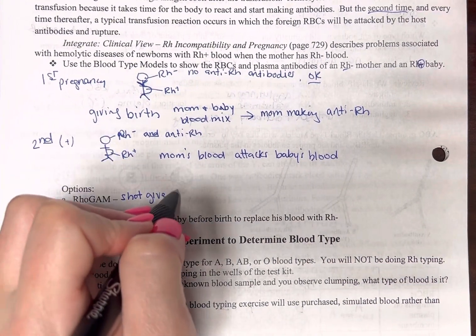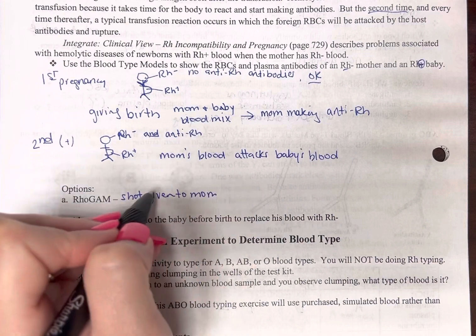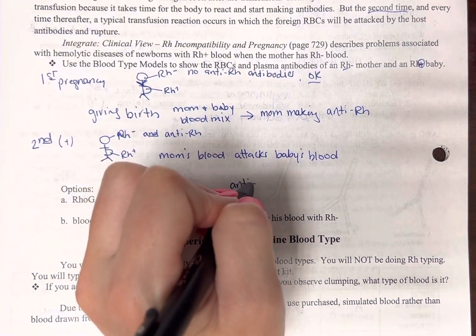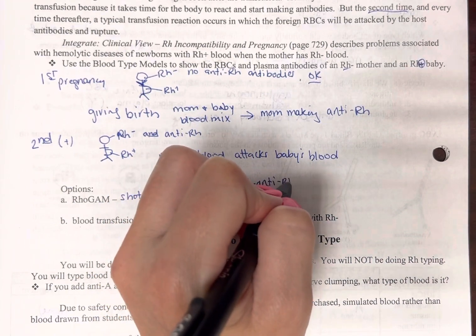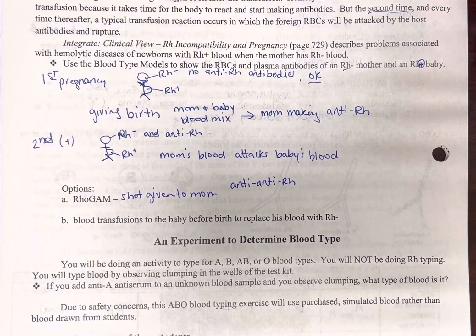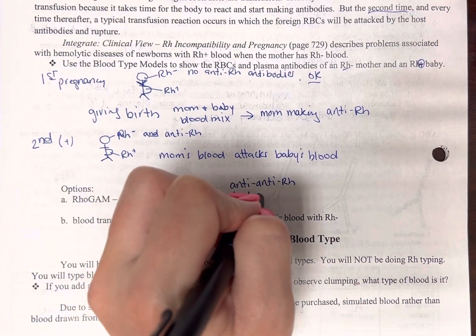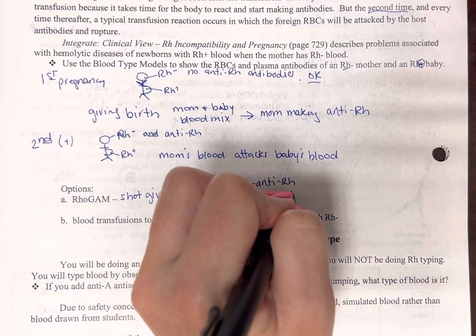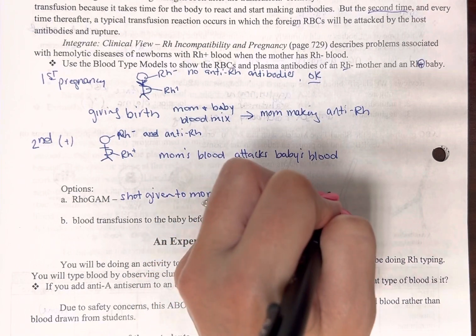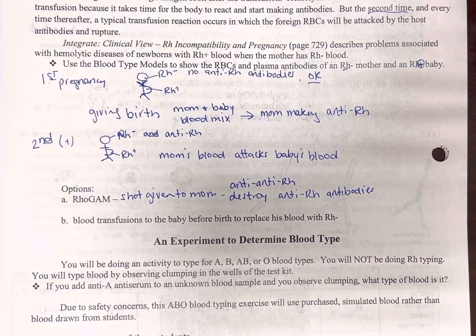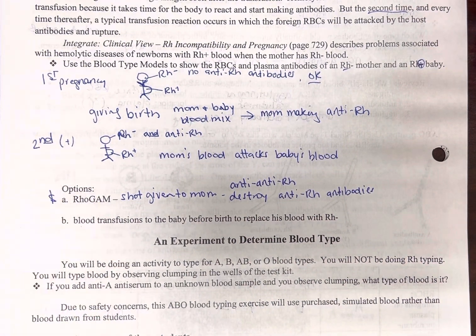That's going to be a shot that's given to mom. And it's technically anti-RH, which sounds kind of crazy. Its job is going to be to destroy those anti-RH antibodies that are in mom's blood. That sounds kind of confusing. This is expensive, but here in the US, that's usually what we do.